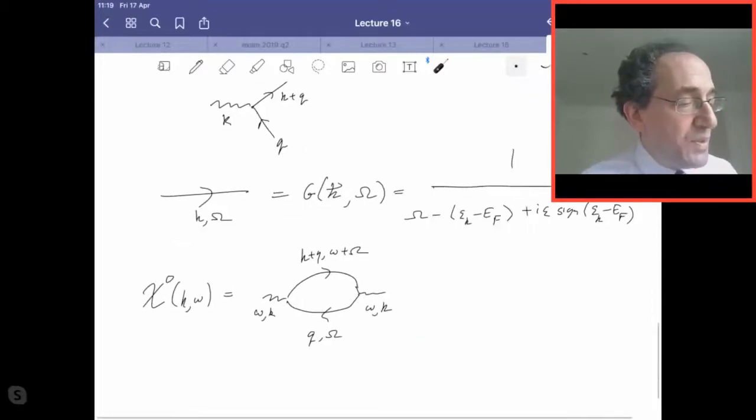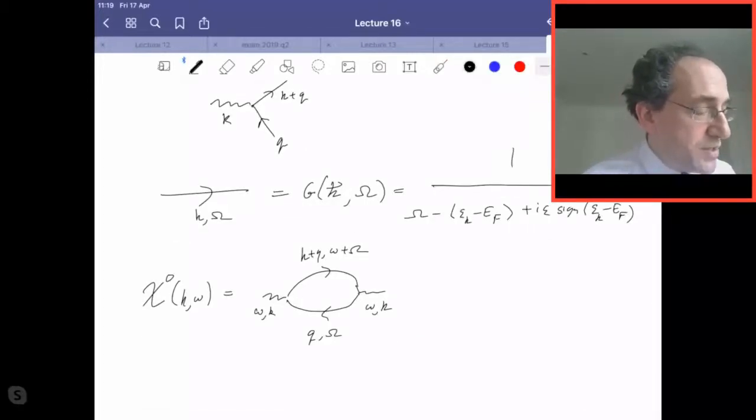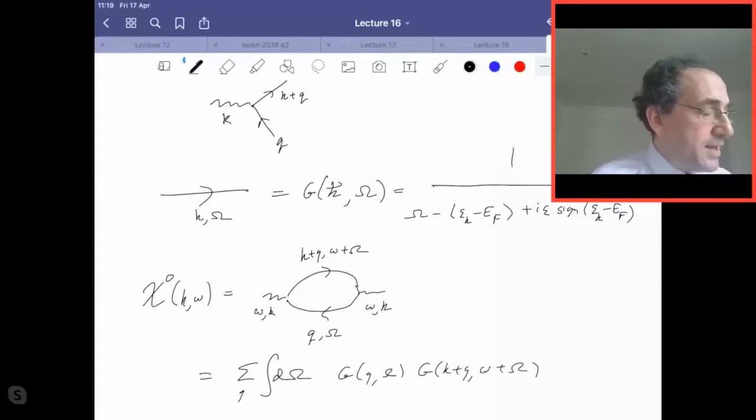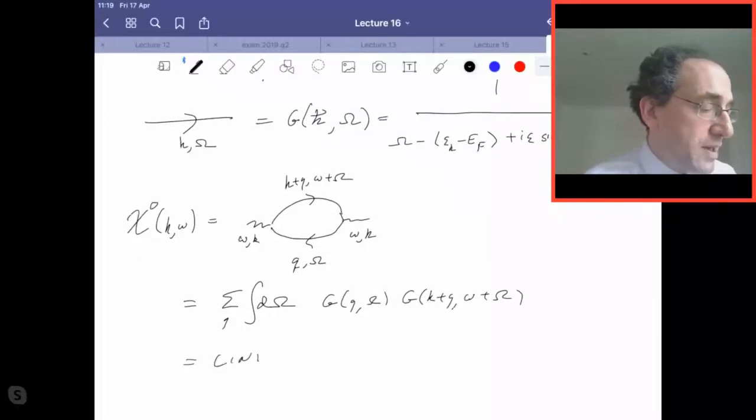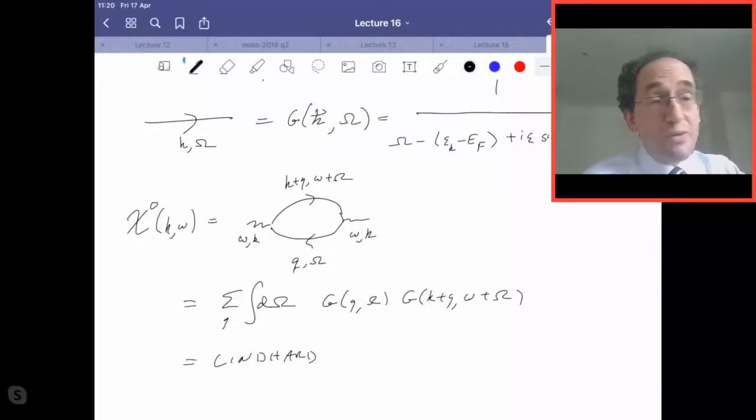Using the diagrammatic technique, this is just the sum over q, integral d capital omega of G of q, omega times G of k plus q, omega plus capital omega, up to factors of 2 pi and e that I dropped in this simplified version. This gives you exactly the same Lindhard response that we derived a second ago.